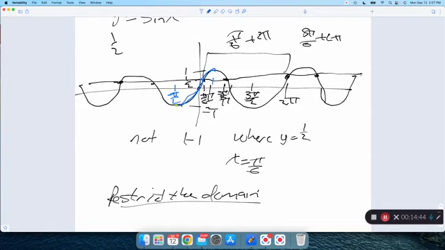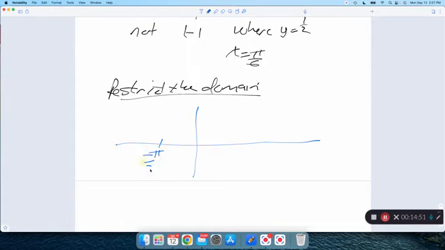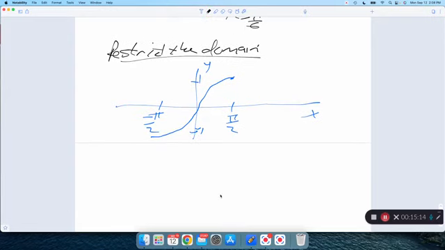Let's graph him by himself. That goes from -1 up to 1. That ain't sine of x. Sine of x goes on forever. This is a new version of sine of x. So maybe we'll call it f of x equals sine of x on this new domain, -pi/2 to pi/2.